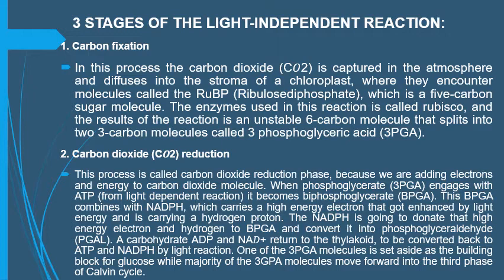The NADPH is going to donate that high energy electron and hydrogen to BPGA and convert it into phosphoglyceraldehyde or PGAL, a carbohydrate. ADP and NADP positive return to the thylakoid to be converted back to ATP and NADPH by light reaction. One of the 3 PGAL molecules is set aside as the building block for glucose, while the majority of the 3 PGAL molecules move forward into the third phase of the Calvin cycle.